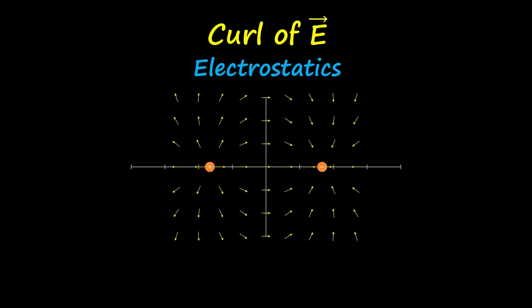Here, the electric field will originate from positive charge and terminate at negative charge. If I place the hypothetical paddle in the center, then based on the field pattern, we can easily say that this paddle will not circulate. So, the curl of an electric field for this case will be 0.